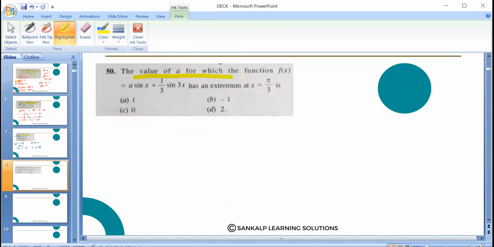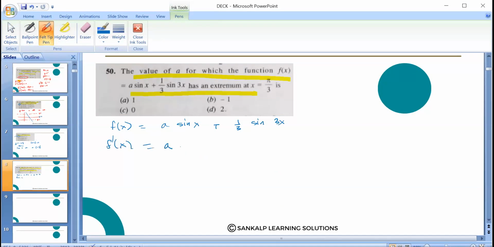The value of a for which the function a sin x plus 1 by 3 sin 3x has extrema at x equal to pi by 3. F of x is a sin x plus 1 by 3 sin 3x. F dash x is a, a is constant, derivative of sin x is cos x. 1 by 3 is a constant.